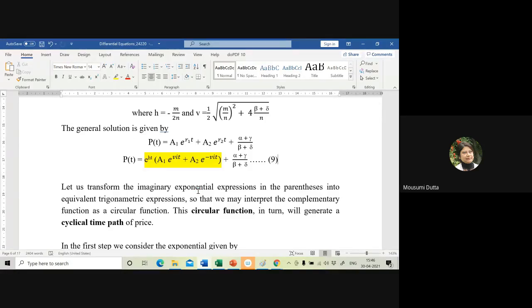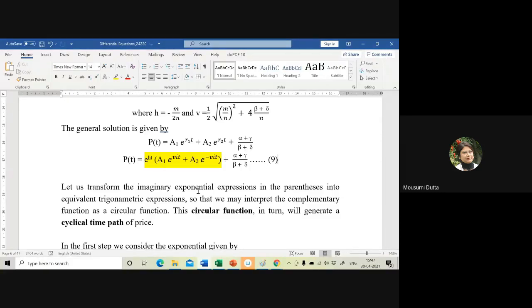If h is negative, that means in this case minus m by 2n is negative. If m and n are positive, then it will be negative. If m and n both are negative, then also it will be negative. So there are several conditions by which we can have h to be negative. Anyhow, if h is negative, then the time path will be convergent in nature. Otherwise, the time path will be divergent in nature. So please take note of this fact.